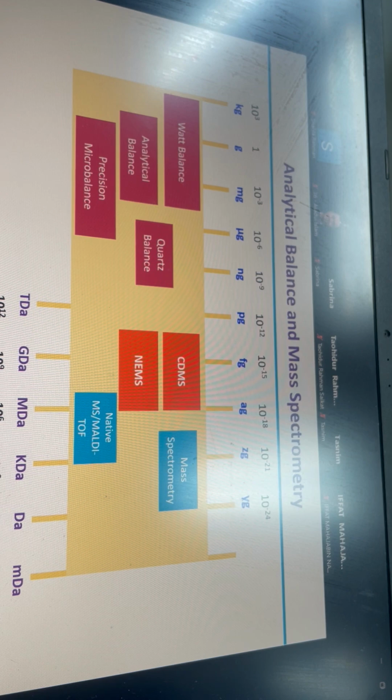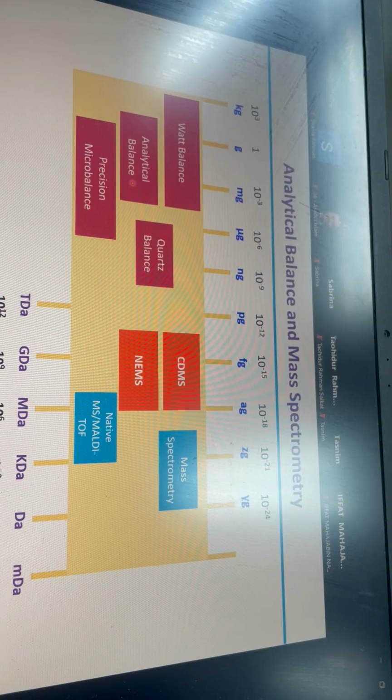So in an analytical balance, we measure the mass of bulk, like 5 gram of aspirin, which means you need to convert that gram into mole, and then use the Avogadro number, and you can tell how many molecules are present in 5 gram of aspirin.